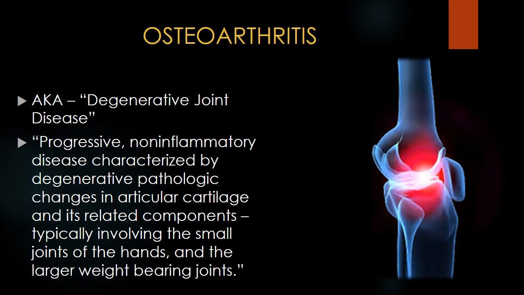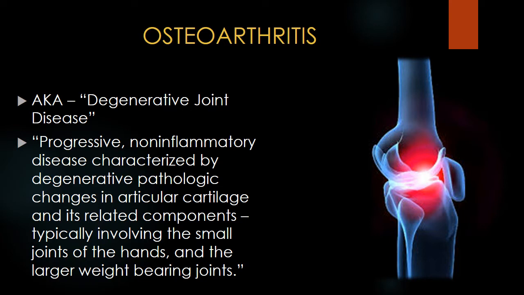Now, degenerative joint disease typically involves the small joints of the hands, and then of course involves the larger weight-bearing joints. And it's the larger weight-bearing joints that are going to be responsible for bringing the patients into our office with complaints of pain.